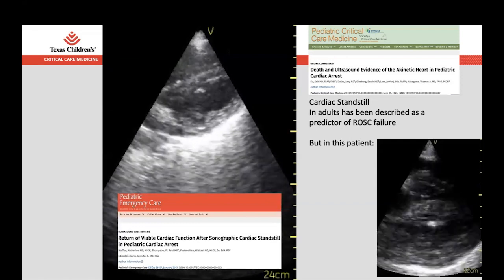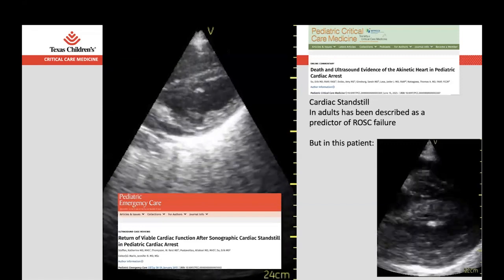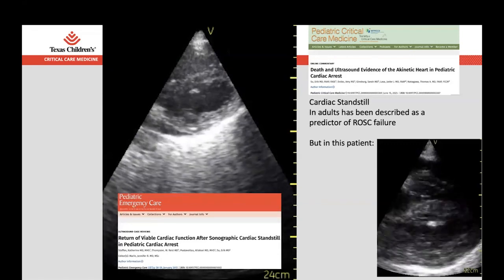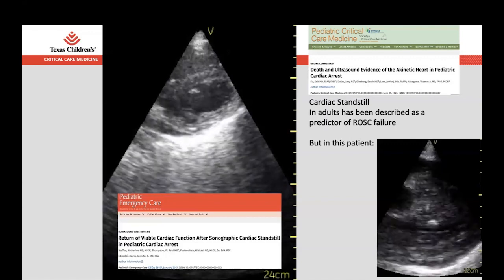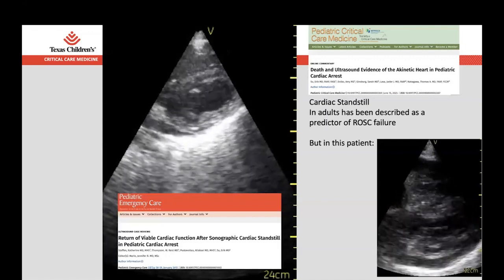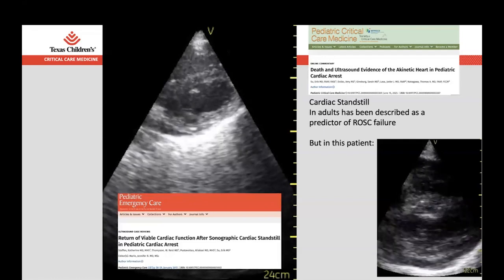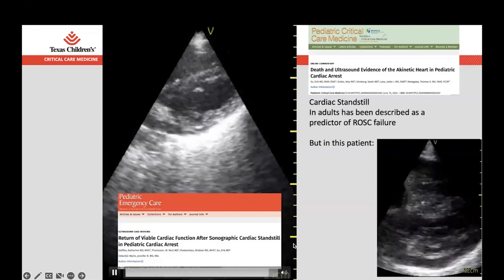But if we're going to use standstill as a marker for failure to achieve ROSC, it's actually not, because you get them back on a circuit, and then you're able to recover that function. So if we're looking for tests of death, this isn't the one to say that your heart's not coming back. That was the case series done with Kate Steffen here in the Peds emergency care division back in 2017.